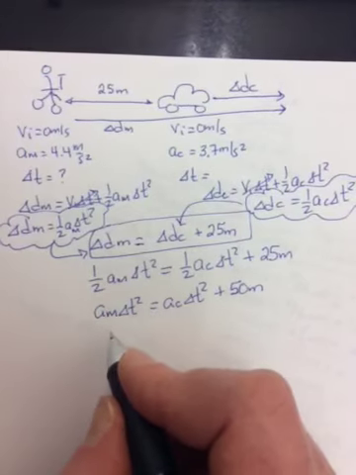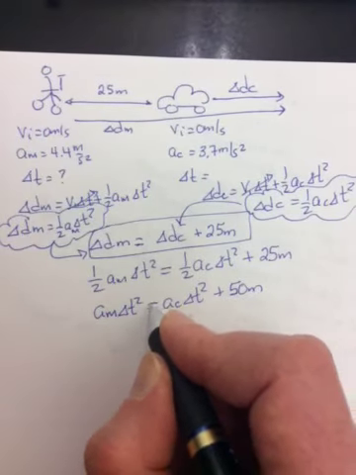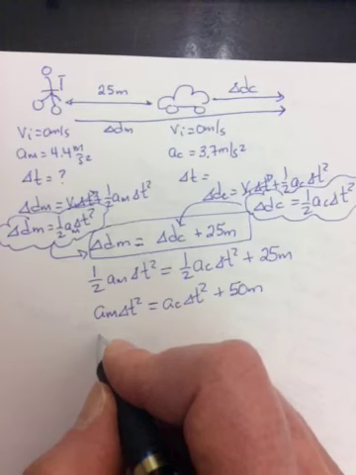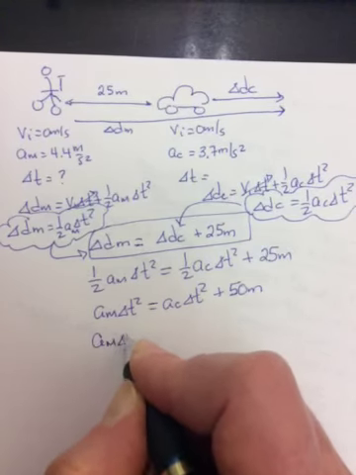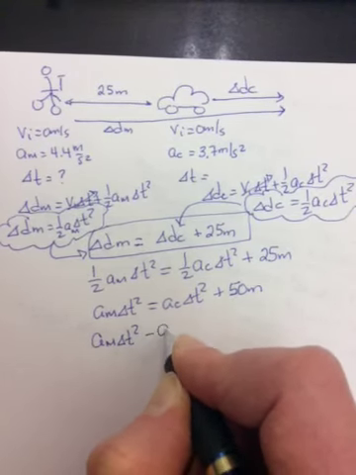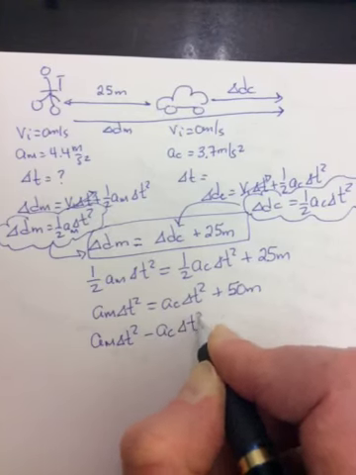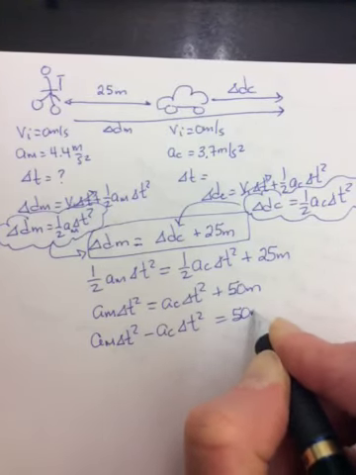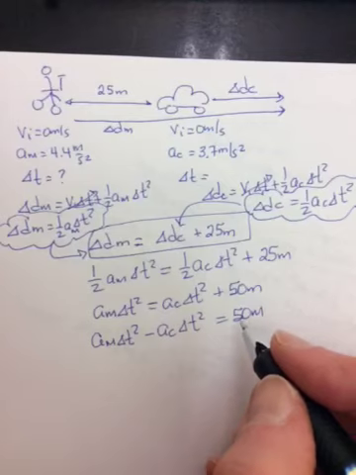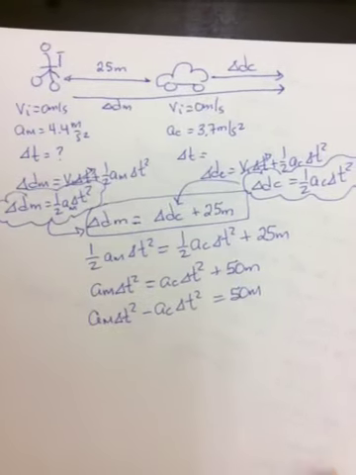Now get both terms with delta t to the same side. Since this is added to the 50, subtract it. So a of the motorcycle t squared minus a of the car t squared is equal to 50 meters. Now we use exactly the same trick we used in number 1.